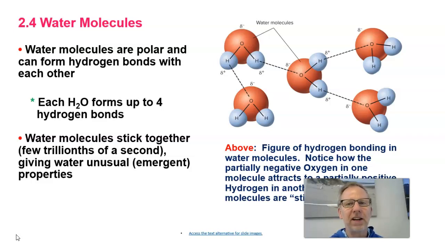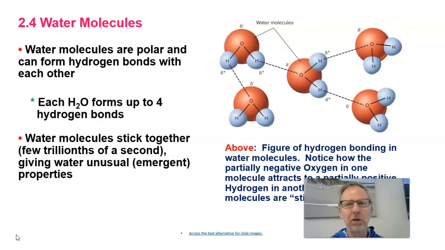They are pulling on electrons from the hydrogens really strongly, and the hydrogens are much weaker, so they're not pulling on those shared electrons so much. So that makes the oxygen atom a little bit negative. You can see the delta negative signs over the oxygens, and it makes the hydrogens a little bit positive. And voila, we have polar molecules.